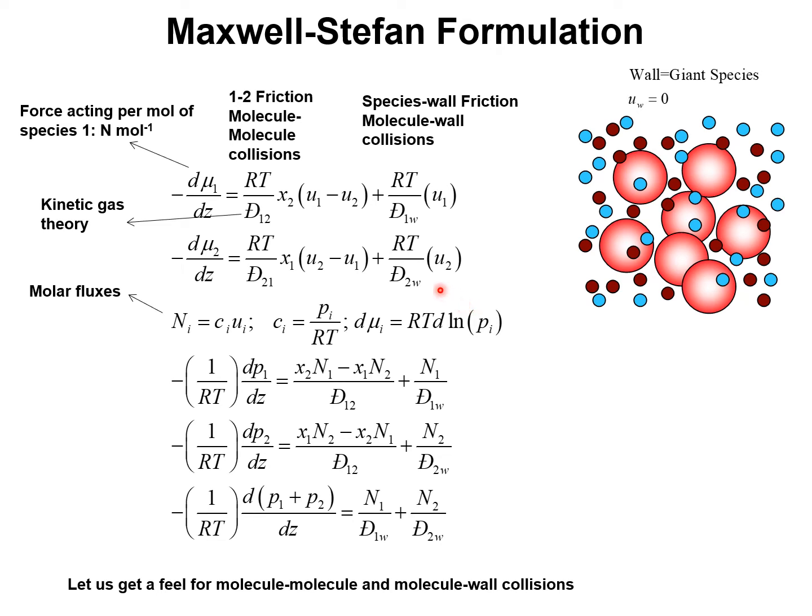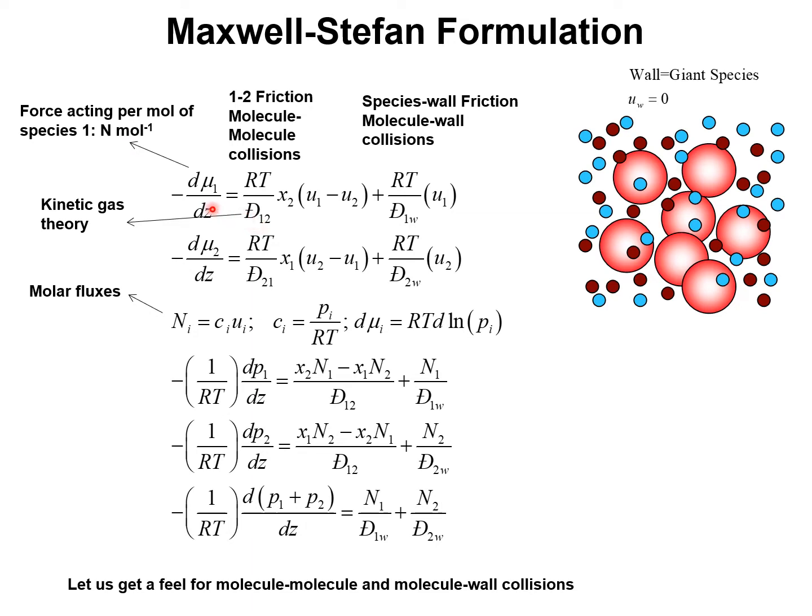In the Maxwell-Stefan formulation, we assert that the force acting per mole of species i, which is the negative of the chemical potential gradient, is balanced by friction.